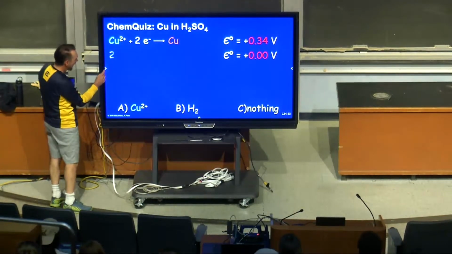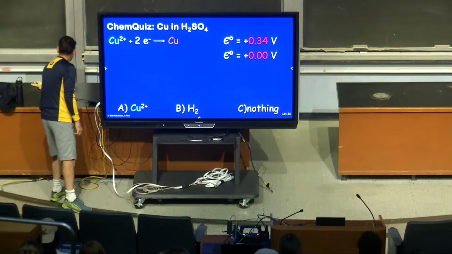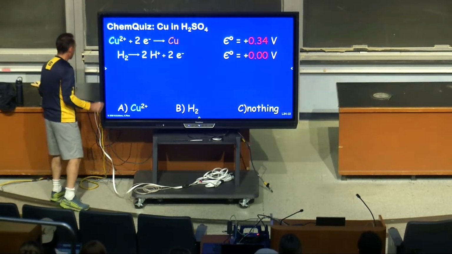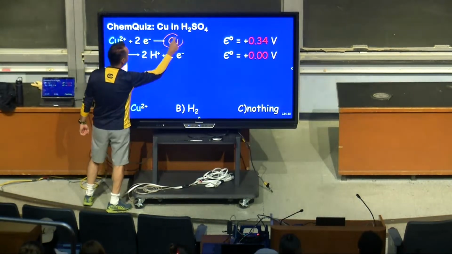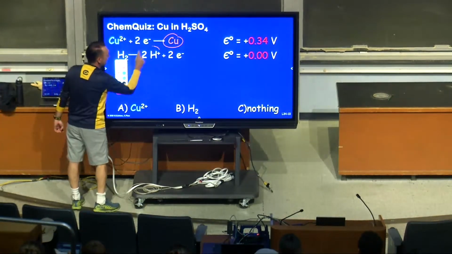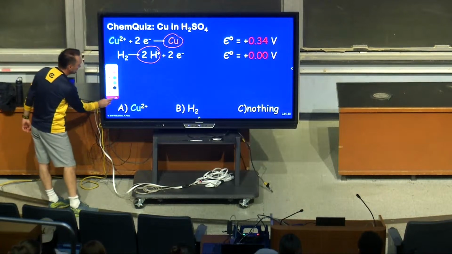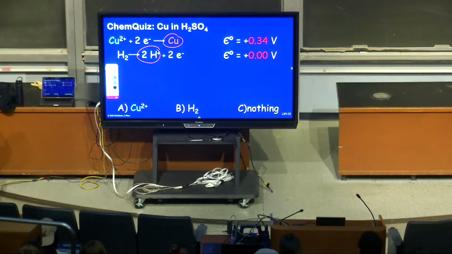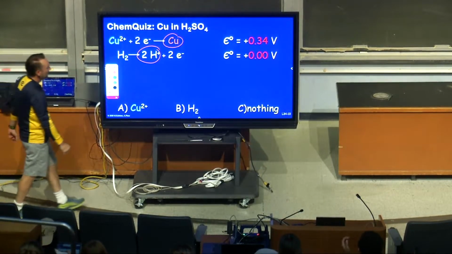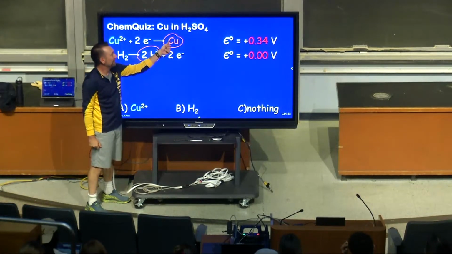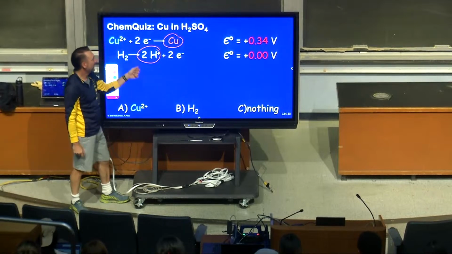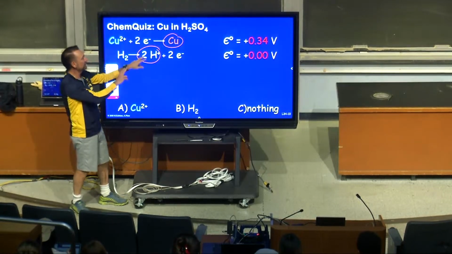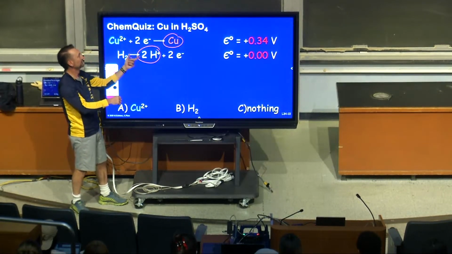What we have in that beaker is this and this. So we got this, but that doesn't want to go back this way. And we have this, and this is kind of indifferent.